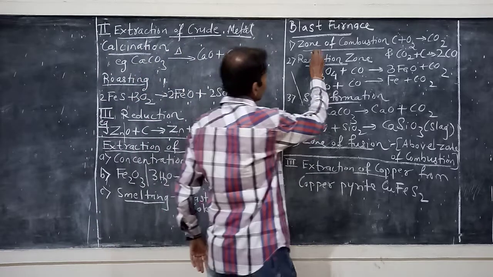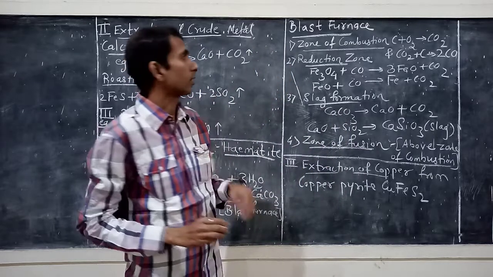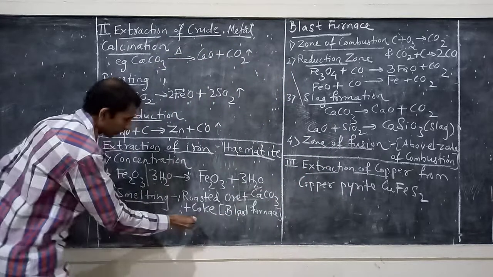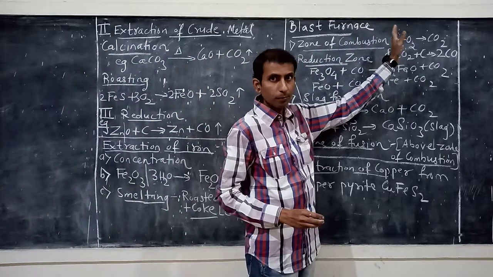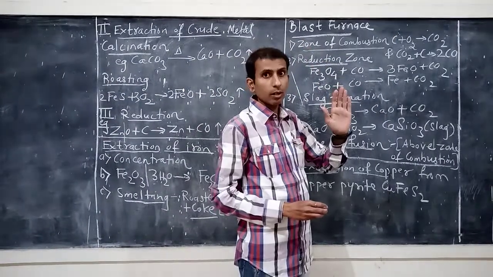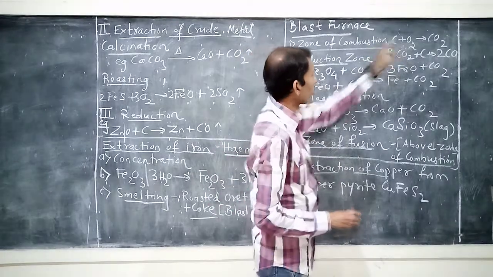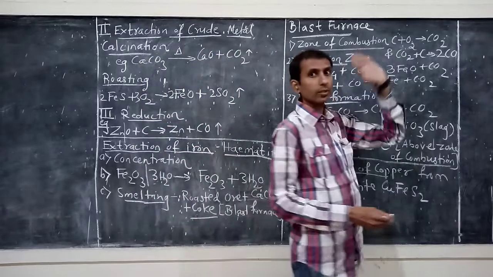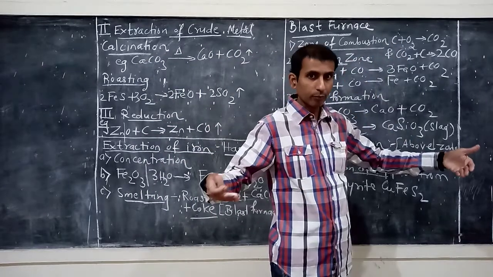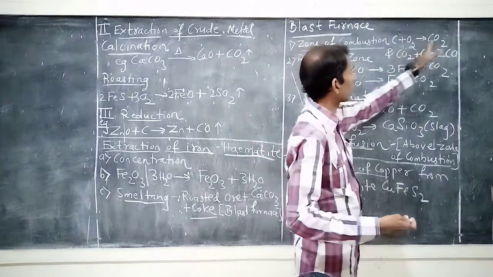In that, the first chamber is the zone of combustion. Combustion means reaction with oxygen. In the zone of combustion, which is the lowermost zone in the blast furnace, coke means carbon. Carbon will react with oxygen which is supplied from the base of the blast furnace, and we obtain carbon dioxide.